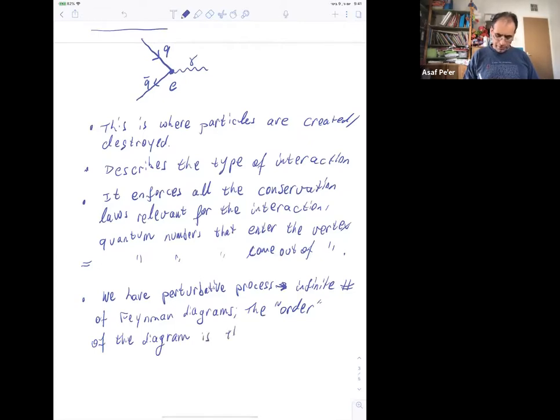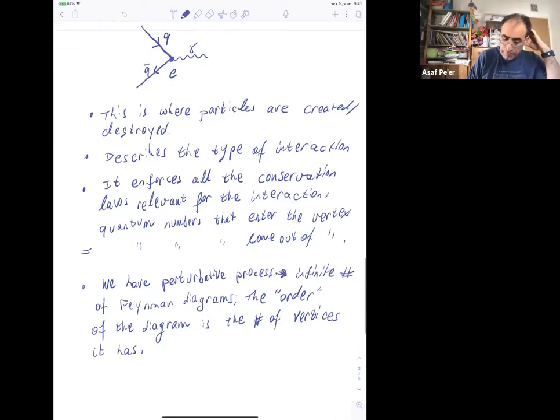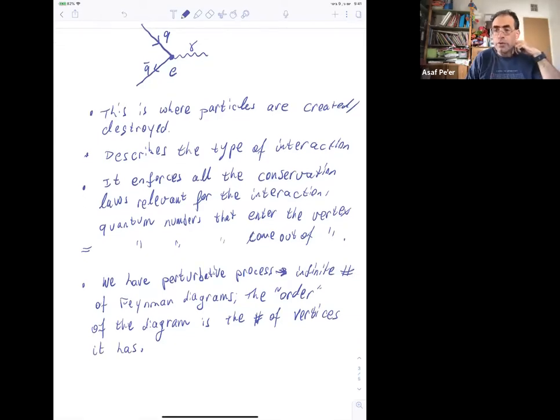So that's why we normally work with the simple Feynman diagrams, with fewer vertices.